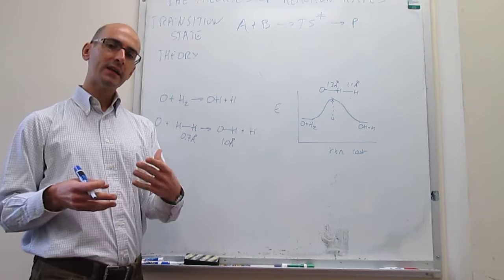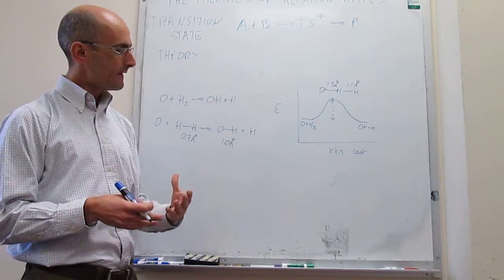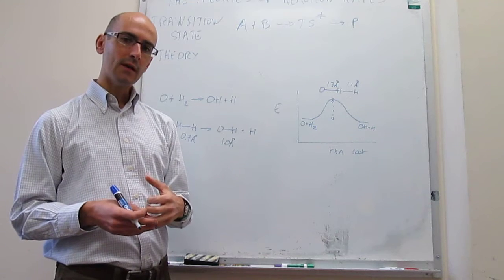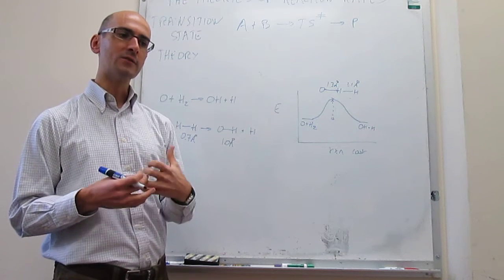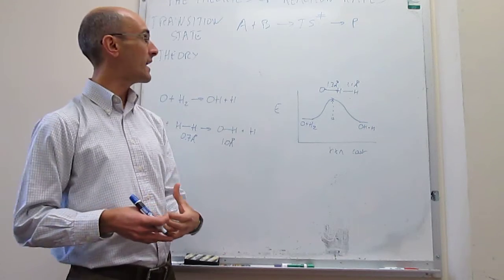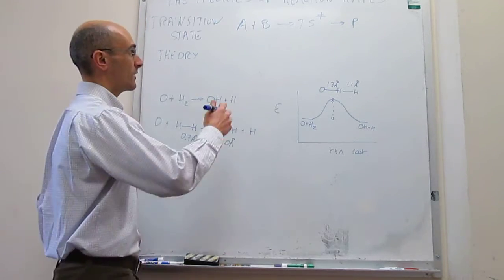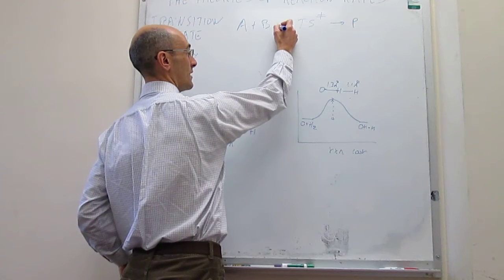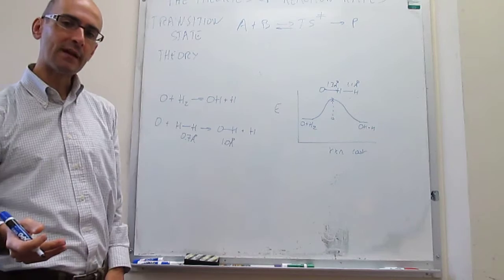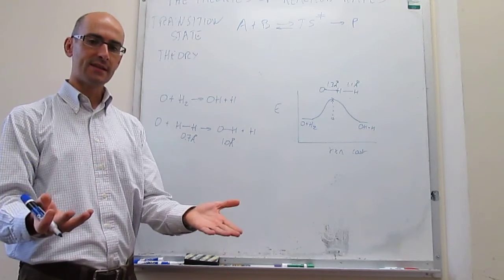And here's the key of transition state theory. Even though this species is actually not stable, the theory consists of assuming that there's an equilibrium between reagents and that transition state. So essentially what you have is this. And again, this is a little shocking because we expect the equilibrium to be formed between two species that are stable, right?